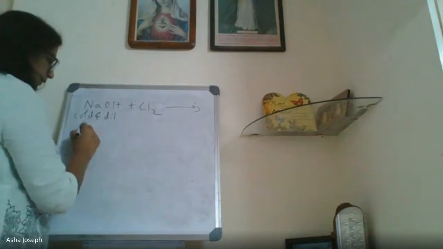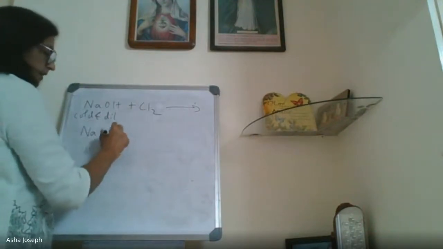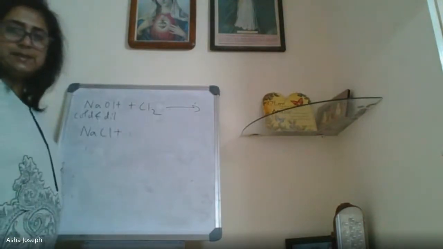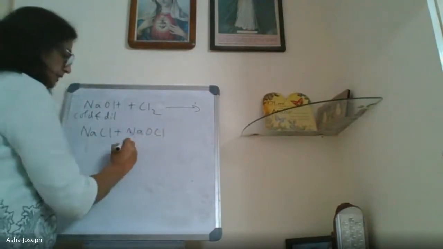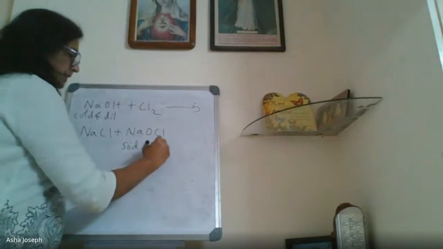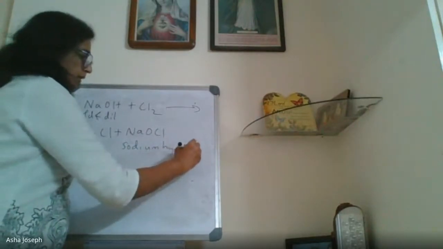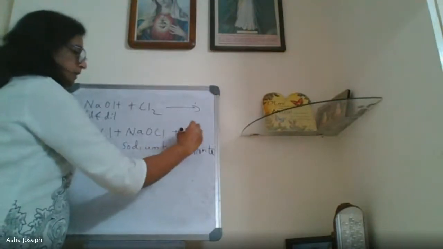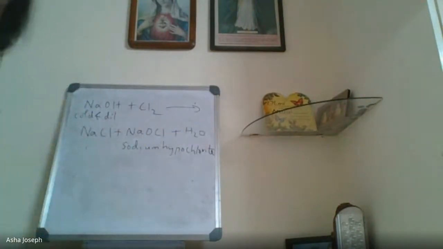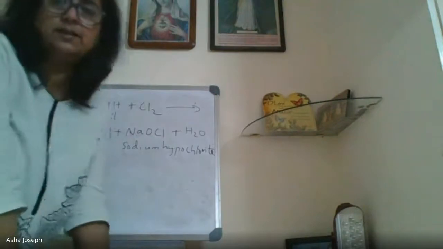So what do you get? NaCl, we already learned by heart in the statement. NaOCl, this is sodium hypochlorite, plus water. So this much is the skeleton equation, otherwise you cannot learn by heart.